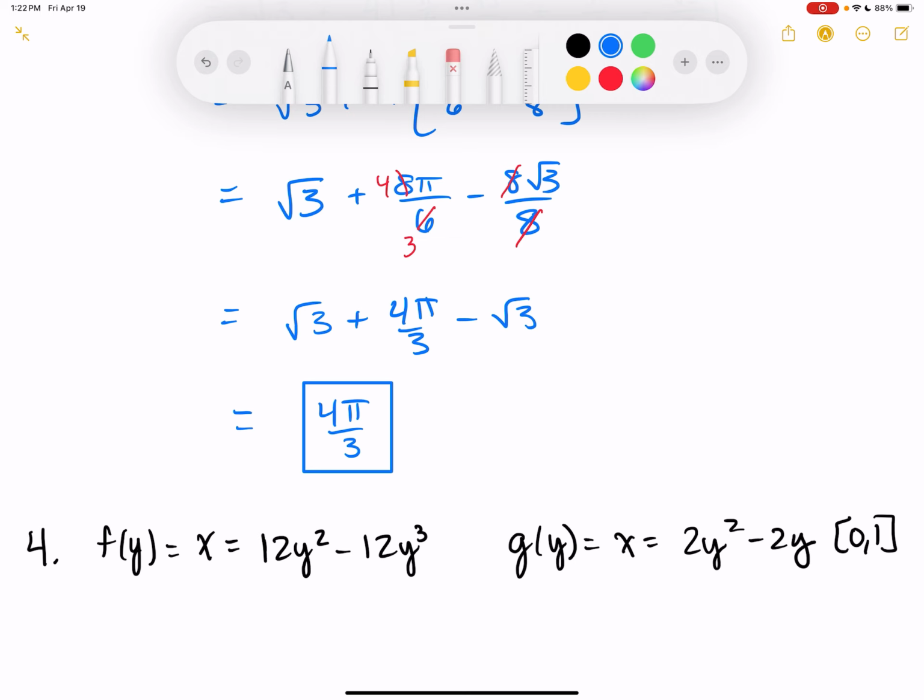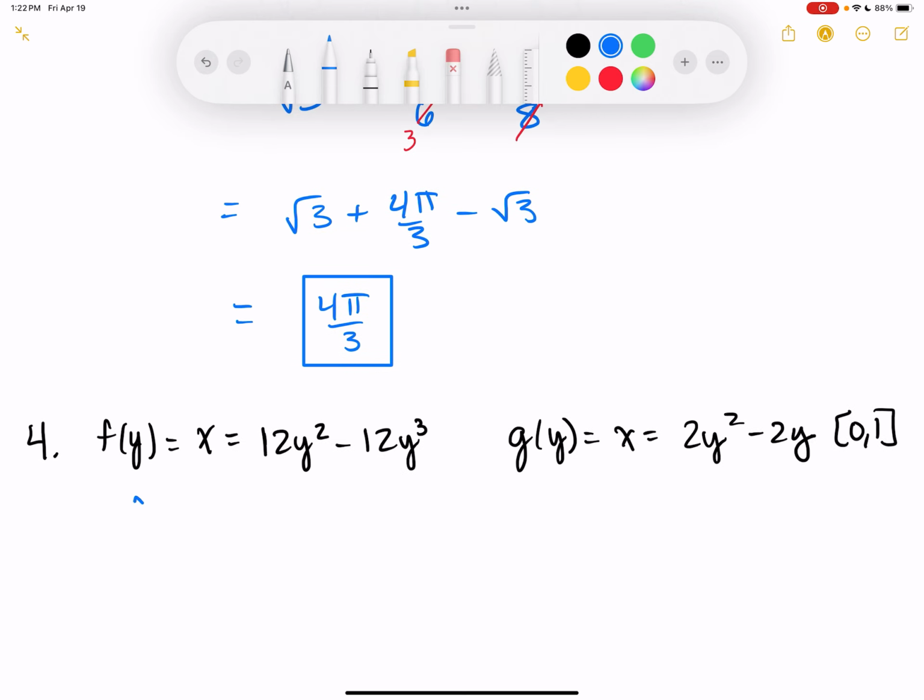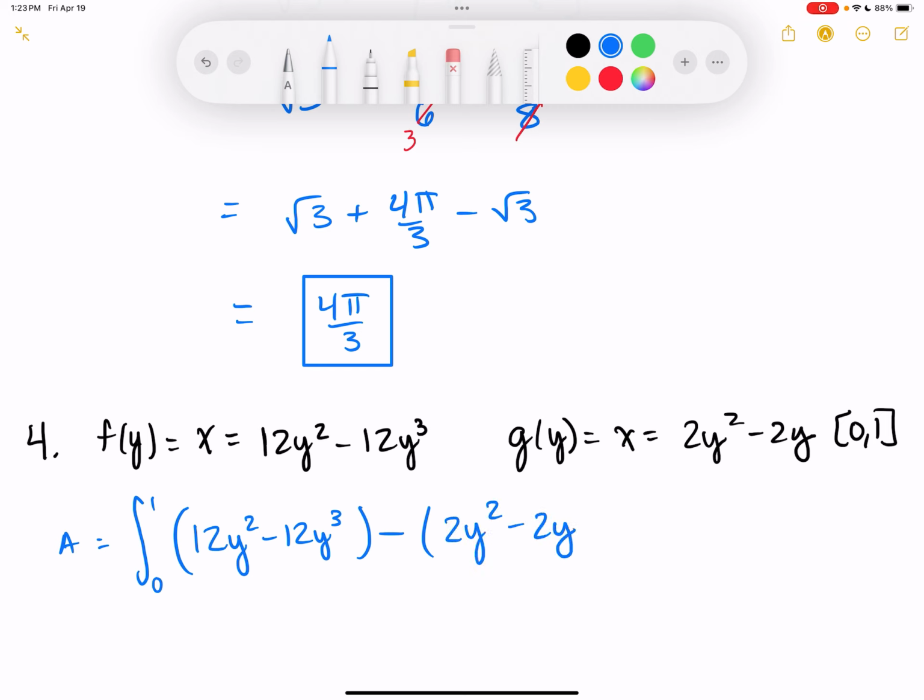So then our integral is going to be from 0 to 1 of 12y squared minus 12y cubed minus 2y squared minus 2y dy.